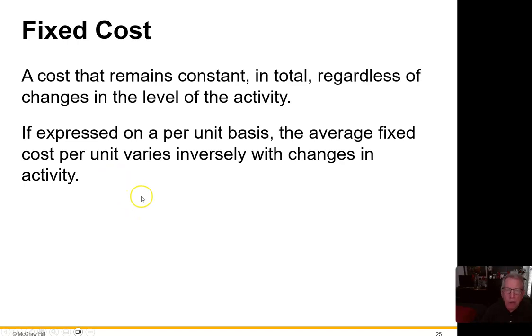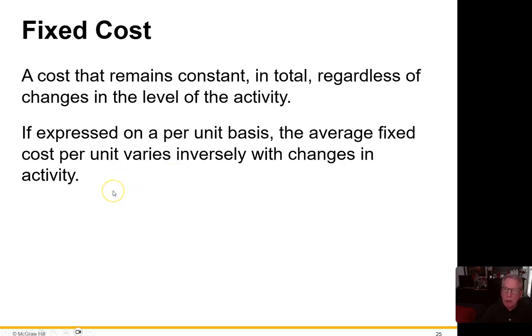A fixed cost is going to remain constant in total, regardless of the change in the level of activity. So things like rent on the building, no matter if we make 1 or 1 million units that month, the rent remains the same.